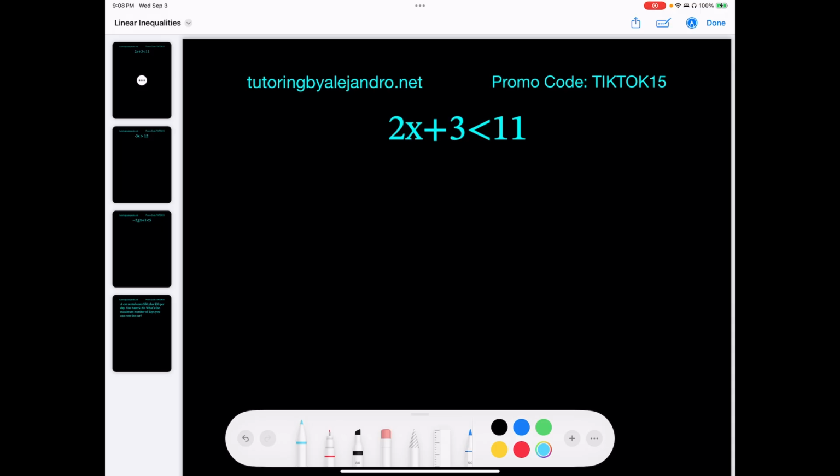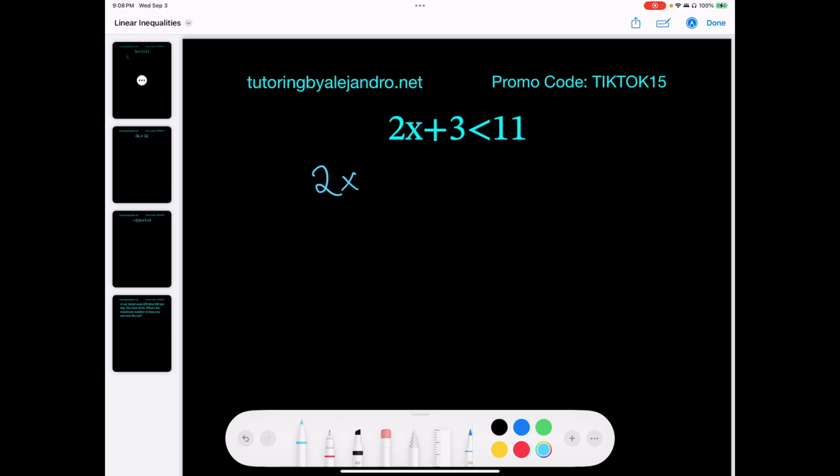Okay, so step one, we're going to subtract 3 from both sides. This is very similar to the way we solve equations, right? When we isolate a variable. So we start with whatever's farthest from the x, right? In this case, it's the plus 3. So since it's adding, we're going to subtract 3 on both sides, okay?